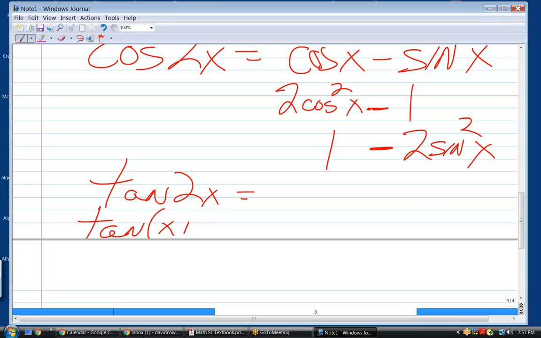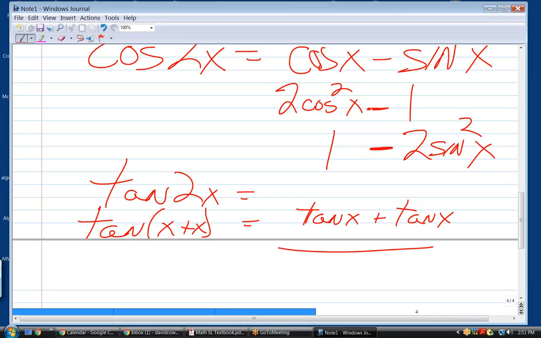That's the sum and difference. Remember, the numerator is the same. Then it would be tangent of a, tangent of a, 1 minus tan x tan x.